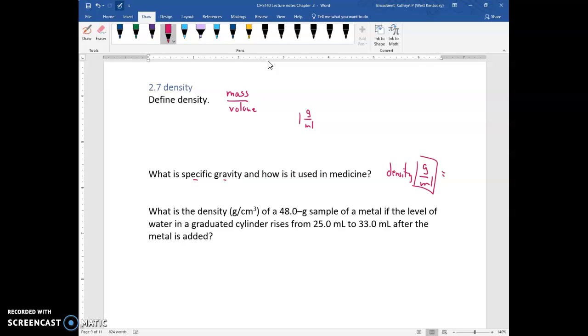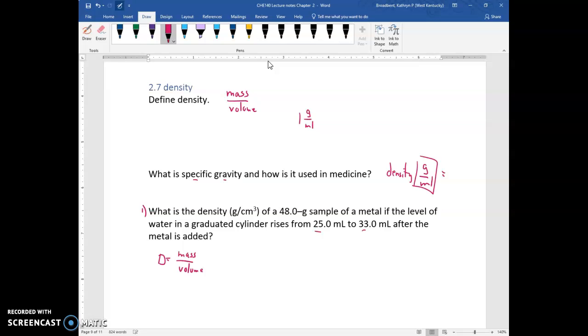So let's look at our first problem. What is the density of a 48 gram sample of metal if the level in the graduated cylinder rises from 25 to 33 after the metal is added? Well, we've already talked about the density being equal to the mass divided by the volume.